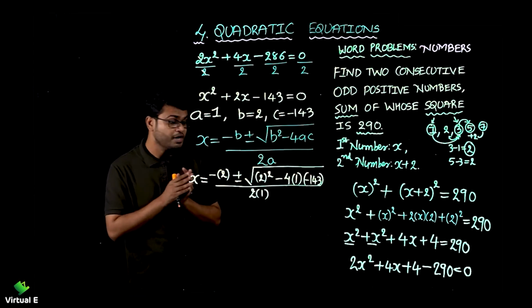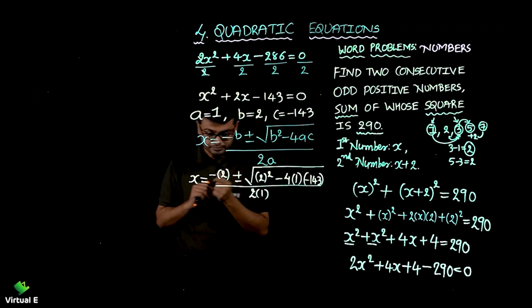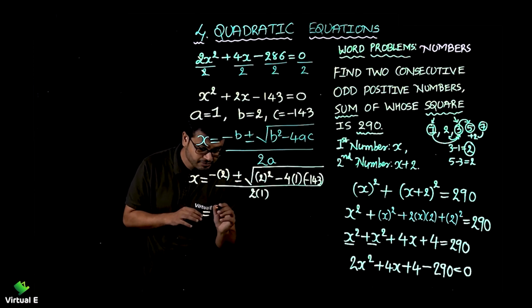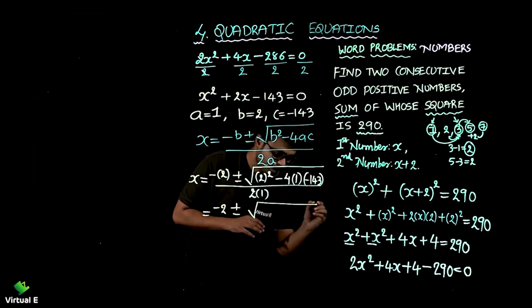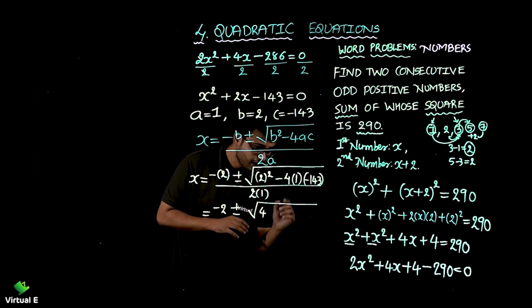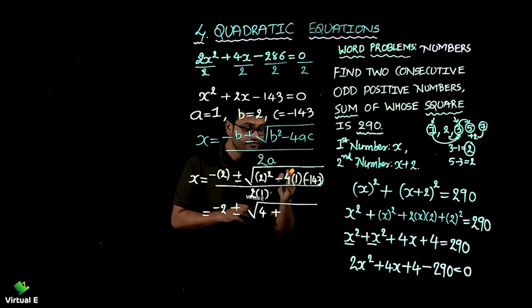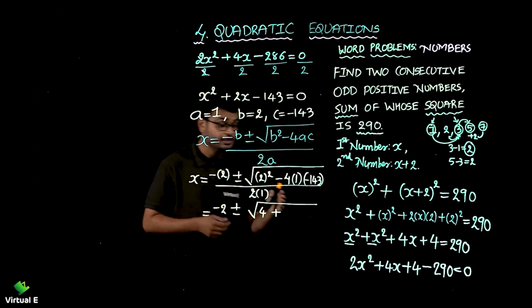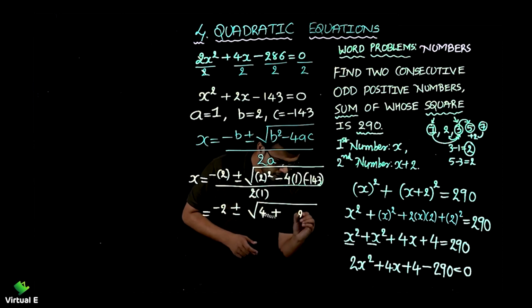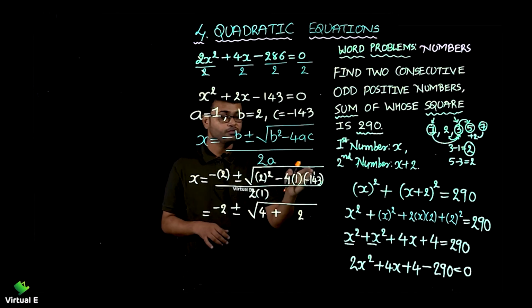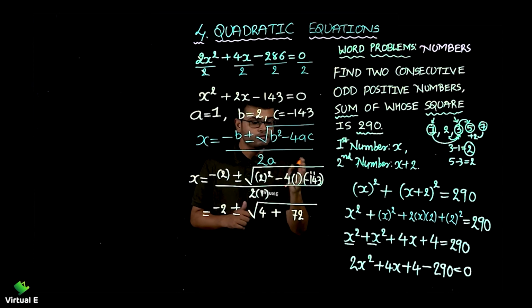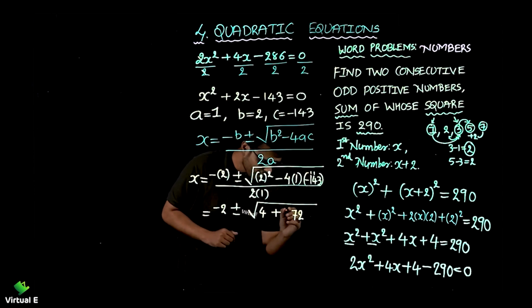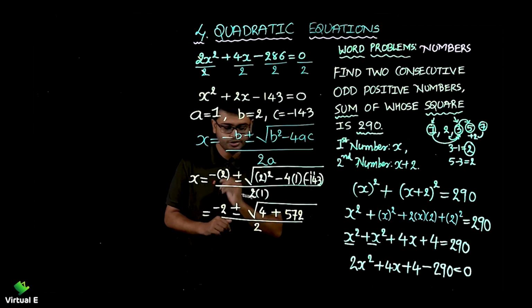So it is minus 2 plus or minus square root of 4, and minus minus is plus. If you multiply 4 with 143, 4 3's are 12, so 2, 1 carry over, 4 4's are 16 plus 1 is 17, 1 carry over, 4 1's are 4 plus 1 is 5. So 572, and denominator as it is, 2.